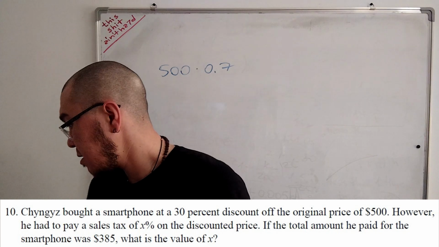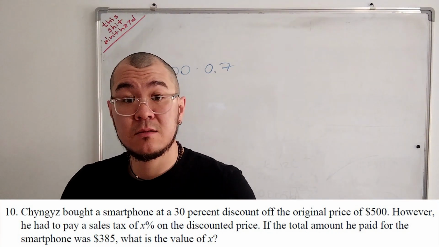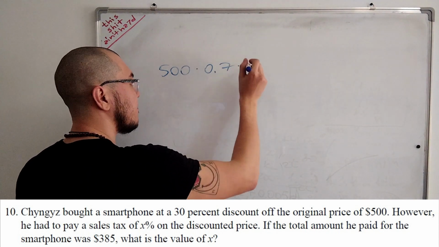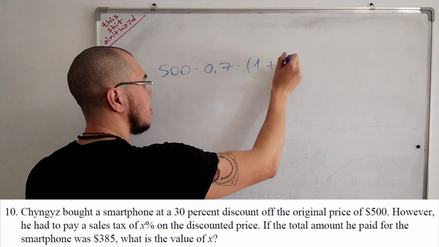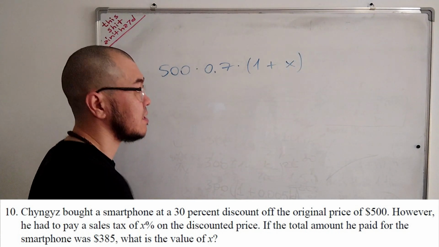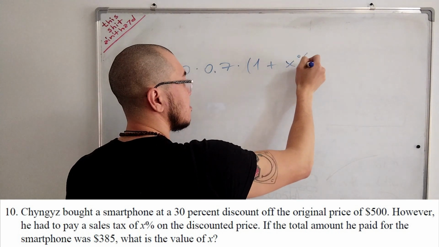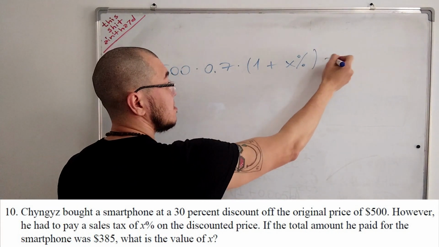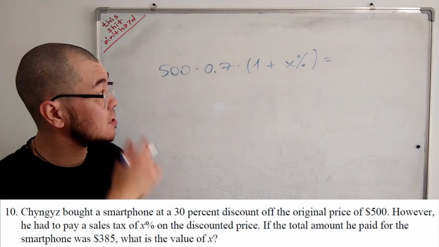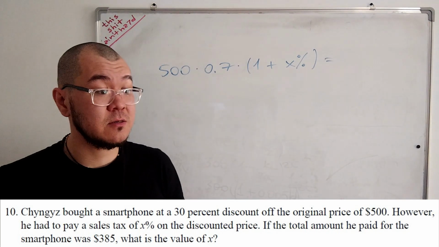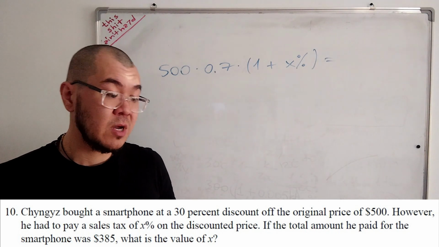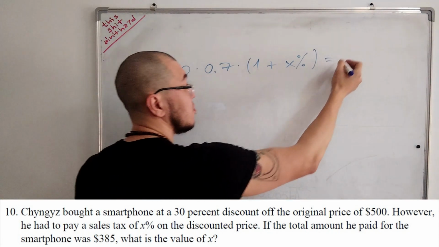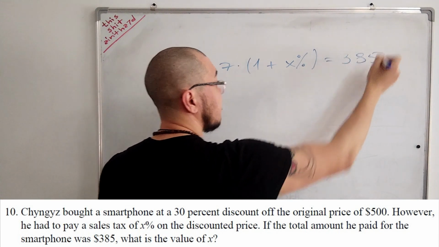But however, there is some sales tax equal to X%. So again, we have to multiply by 1 plus X%. So what do we have after these two multiplications? The amount of money Chunlis paid for his smartphone is equal to 385 bucks.